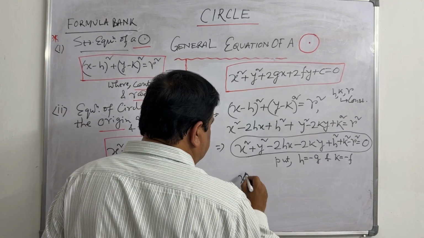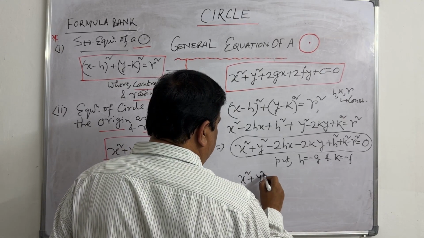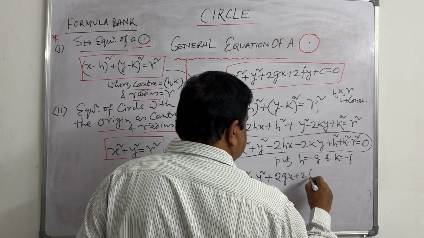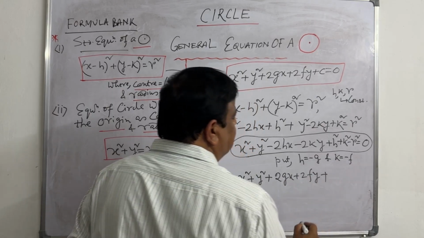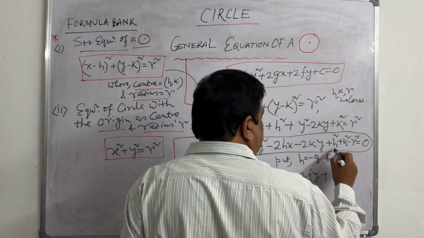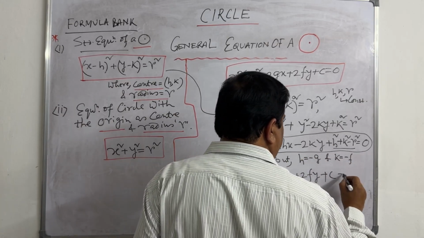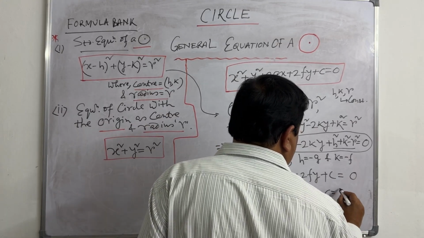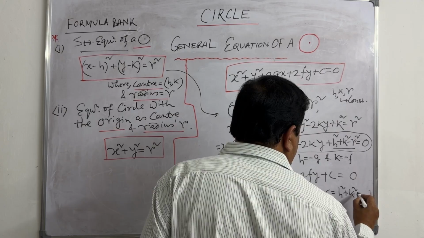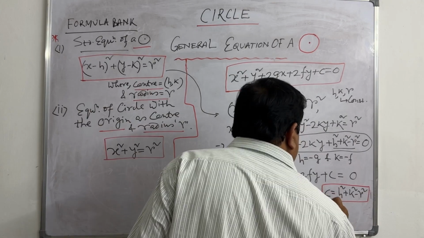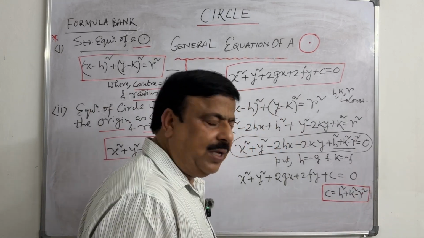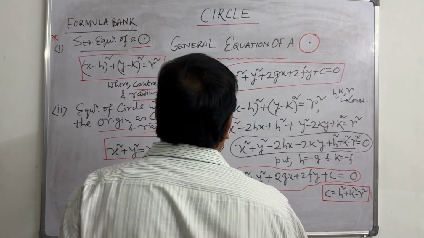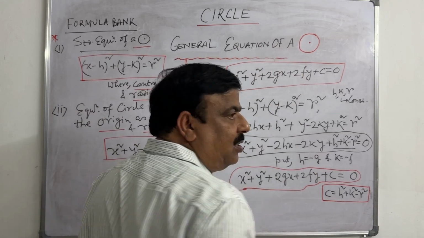We can write it as x square plus y square plus twice gx plus twice fy plus c is equal to 0, where c is equal to h square plus k square minus r square. I have assumed c as this, and simply this is the equation which we call the general equation of a circle.